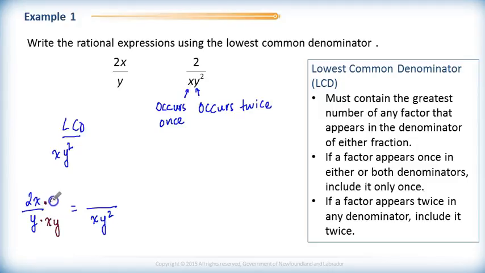But whatever we do to the bottom, we've got to do to the top. So we've got 2x times xy, which will give us x squared y in the numerator. The second one is pretty straightforward. It already has the common denominator, so we leave it as is.